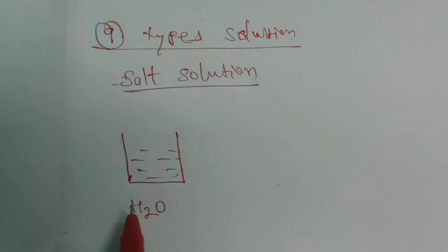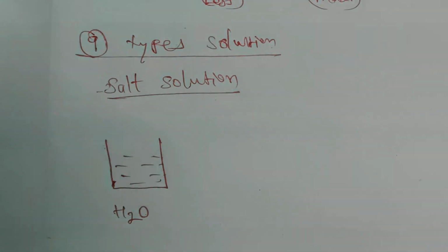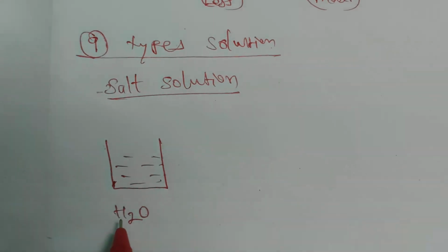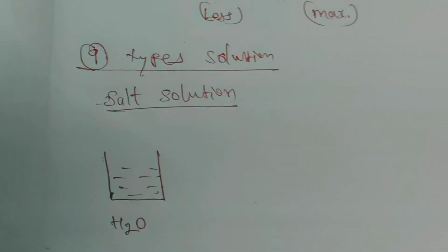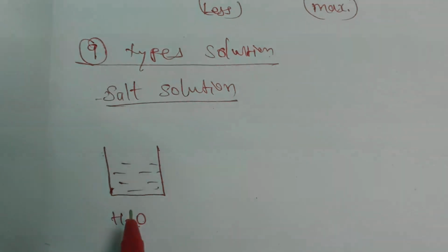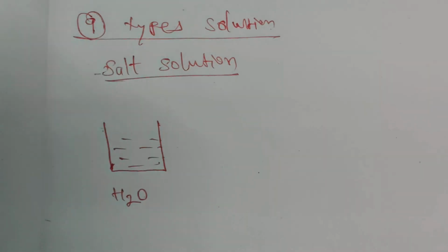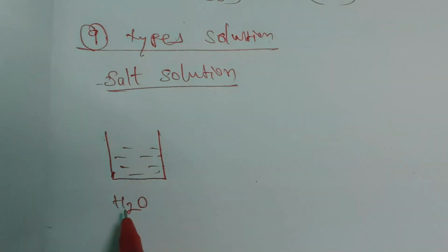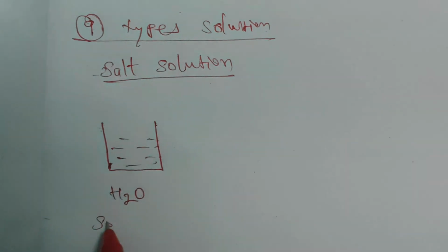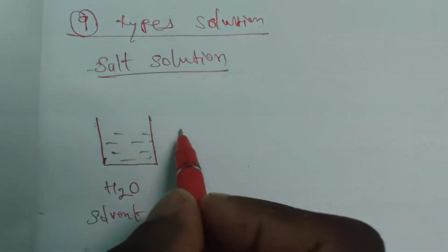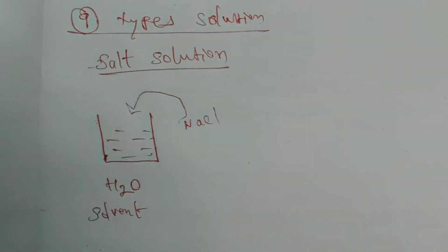We know that this solvent water, a normal tap water, contains some minerals or ions, so that's why it conducts electricity. That topic will come in electrochemistry, so later we will see. So we take the beaker containing H2O as a solvent. We can add sodium chloride as a salt.